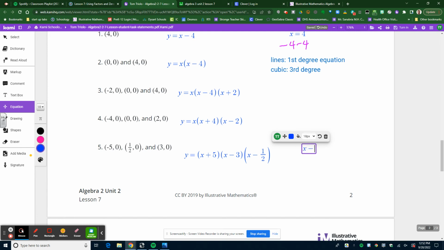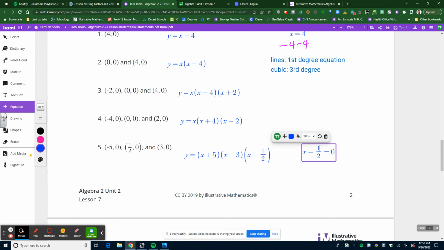Let's do x minus a half equals 0. And let's rewrite this without the fraction. Because more times than not, if you see this on a multiple choice, you're not going to see a fraction. So how do we eliminate a fraction? Just one little simple thing to do. Multiply by the denominator.